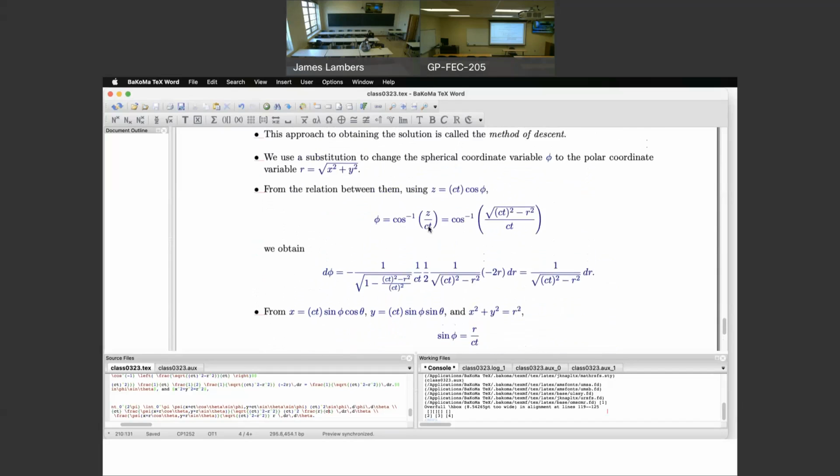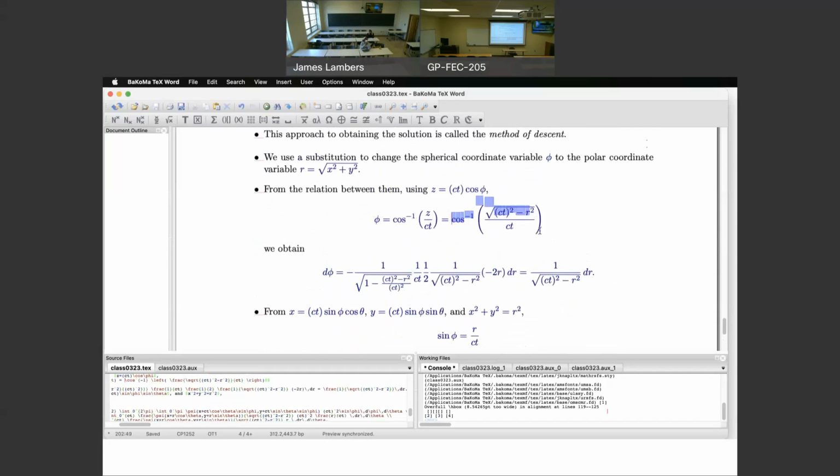But in this change of variable, right here, when phi is equal to 0, this value has to be 1, which would happen when r equals 0.